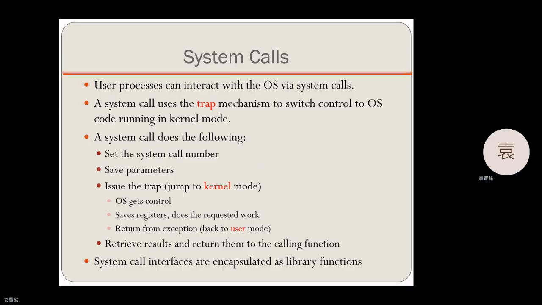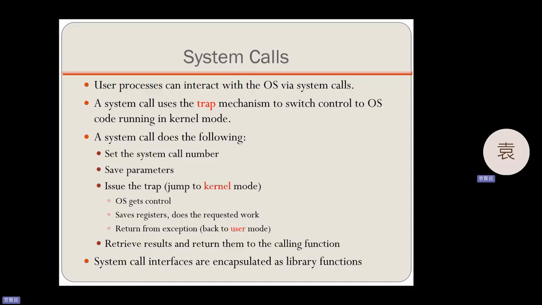So an operating system call is usually implemented by these steps. You can see the first steps, setting the system call number and parameters, and the last one, retrieving the result and returning to the calling function, are executed in user mode.